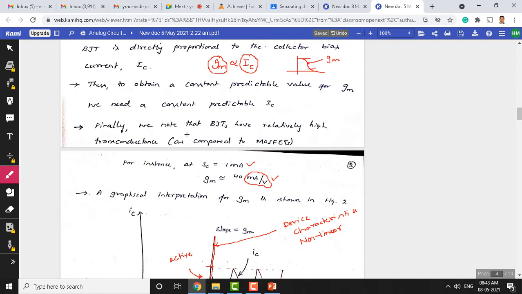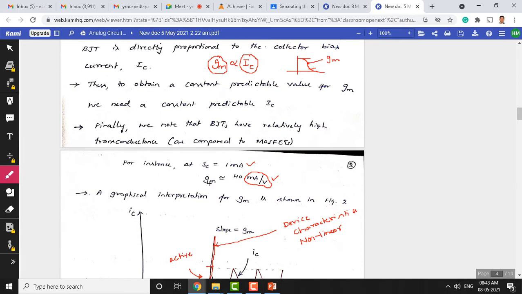Later we said that BJT transconductance is a much higher value compared to the MOSFET transconductance. We are going to show a similar formula for the MOSFET also. But here we should note this value: GM for a typical BJT is 40 milliampere per volt. Notice the unit here, it's ampere per volt, the unit for transconductance.